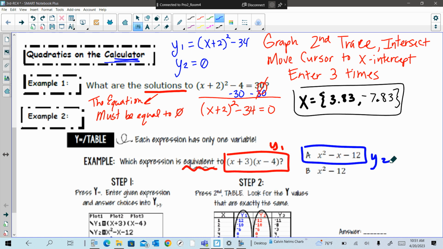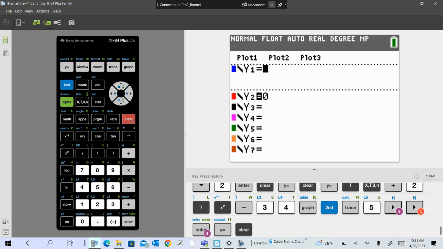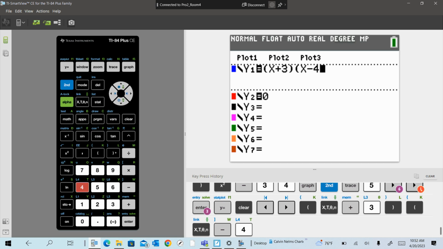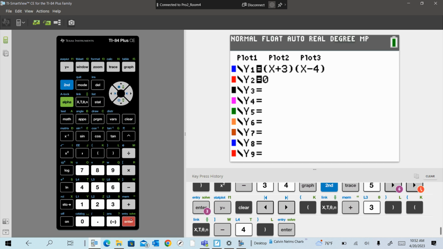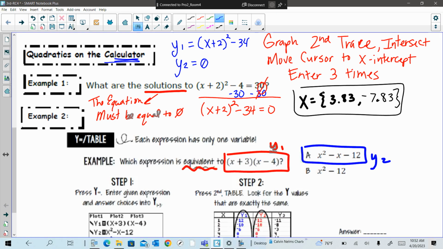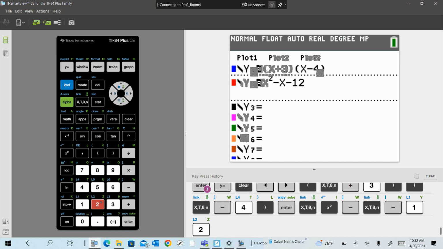We put the expression that they give us in y1, which was x plus 3, close parentheses, and then x minus 4. And then in y2, we're putting answer choice A, which was x squared minus x minus 12.